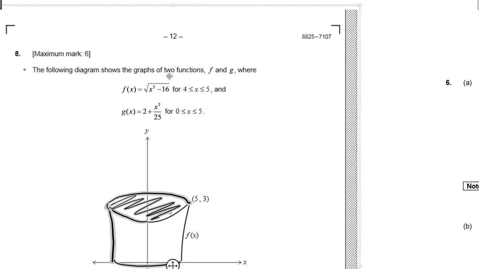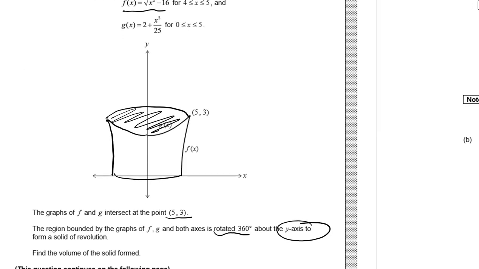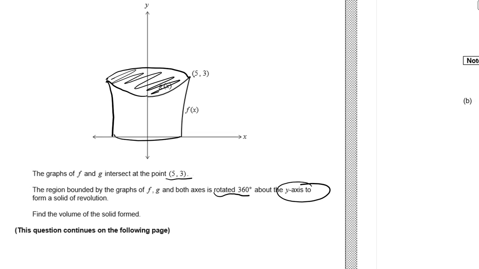The following diagram shows the graphs of two functions. f of x is equal to this, g of x is equal to that, and we're told that they intersect at this point. And this region is rotated 360 degrees about the y-axis to form a solid of revolution.